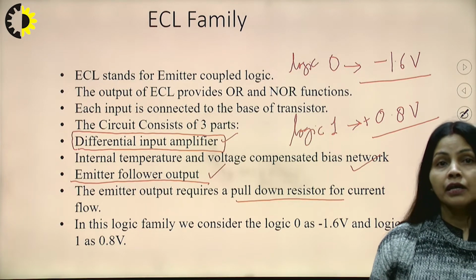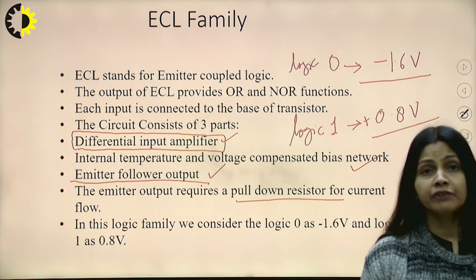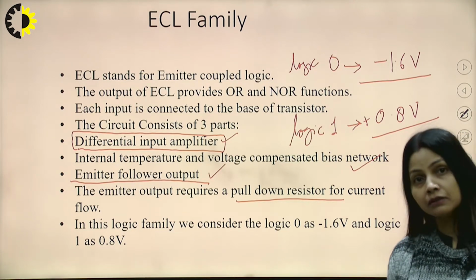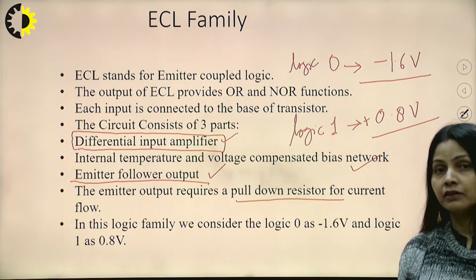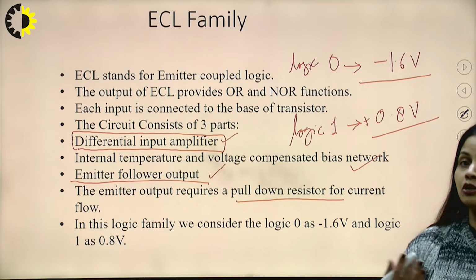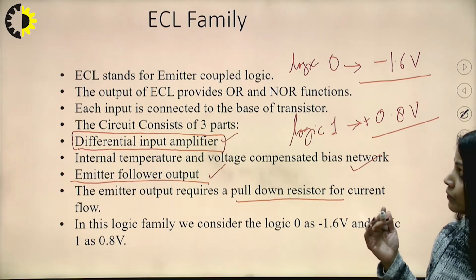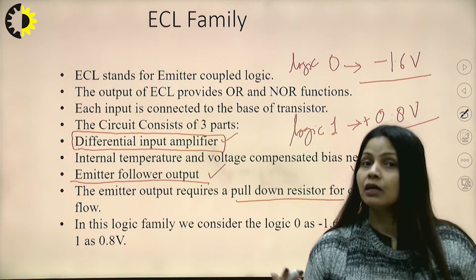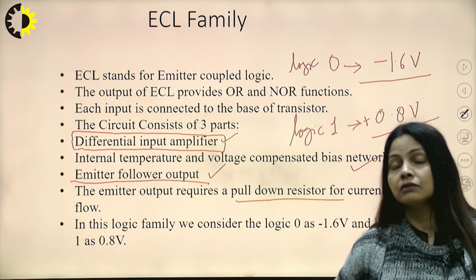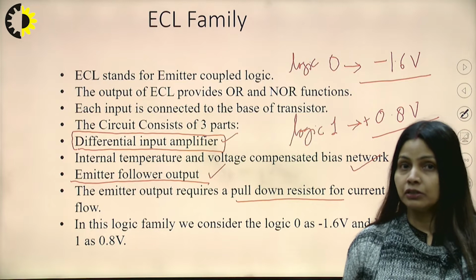If this is the case, then we need to think about when the transistors are in saturation or non-saturation. One important point which we need to know is that whenever we are discussing emitter coupled logic, the transistors are not in saturation.